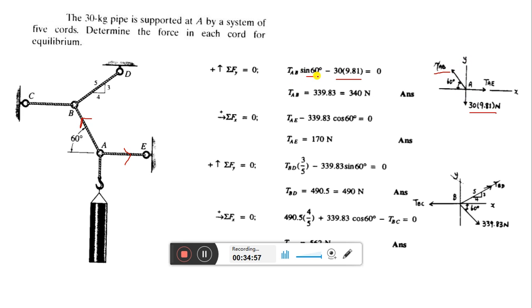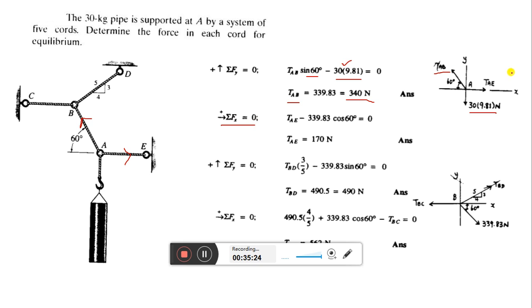So sin 60 value is known. This is also known. Only TAB is unknown. So cannot we calculate the value of TAB? This is simple algebra. So you can calculate the value of TAB, that is equal to 340 Newton. So TAB is known.